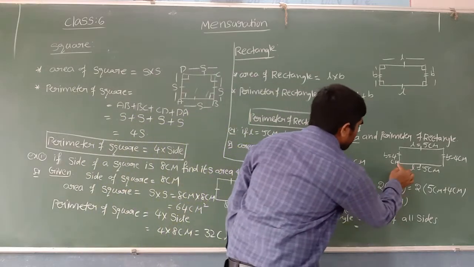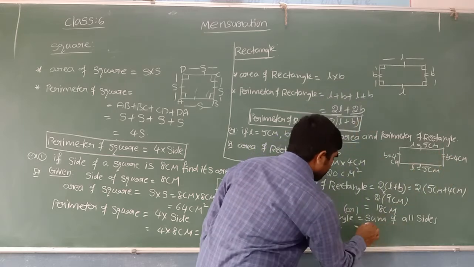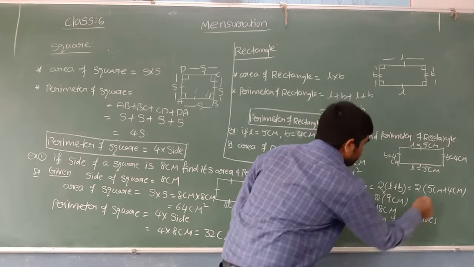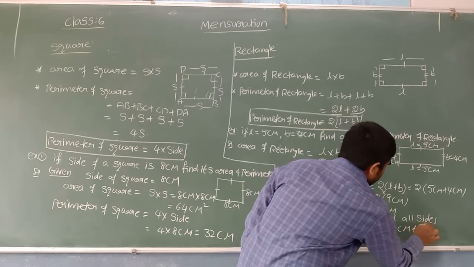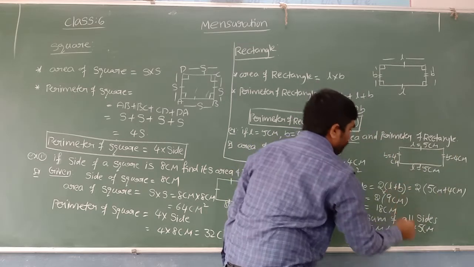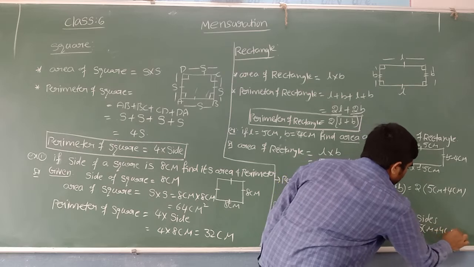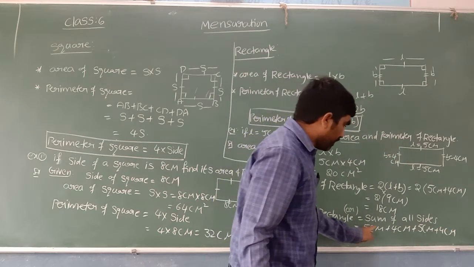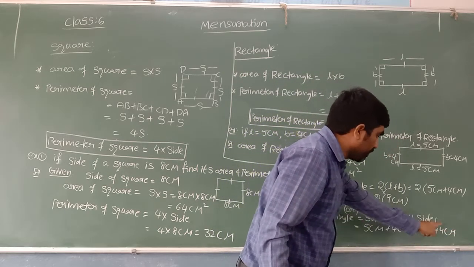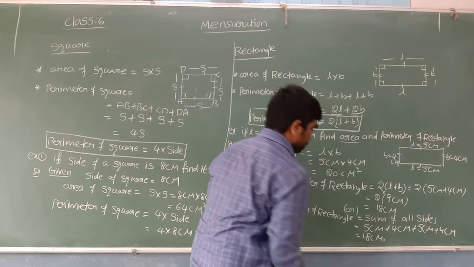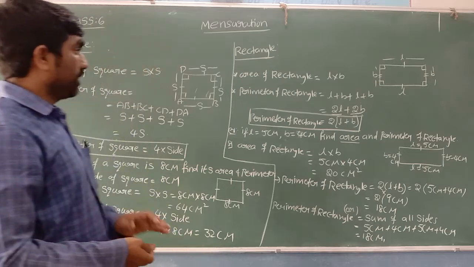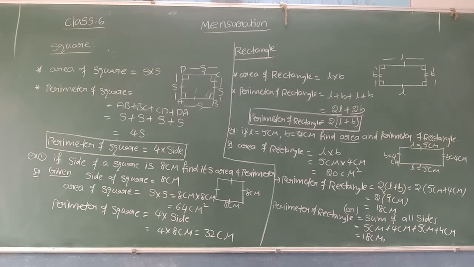So the boundary lengths are 5 centimeters plus 4 centimeters plus again 5 centimeters plus 4 centimeters. What is the answer? 5 plus 4 is 9, 9 plus 5 is 14, 14 plus 4 is 18. The result is 18 centimeters. So like that you can find the area and perimeter of a square and a rectangle.